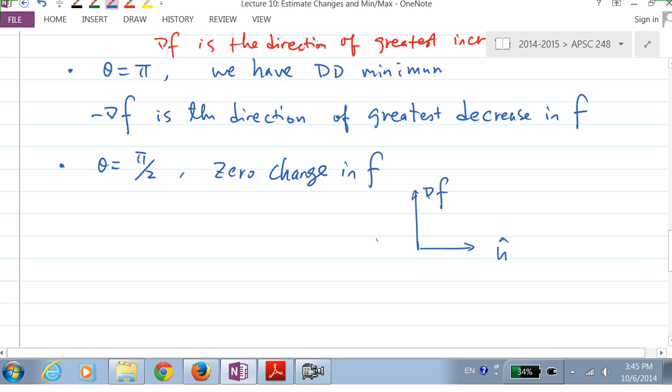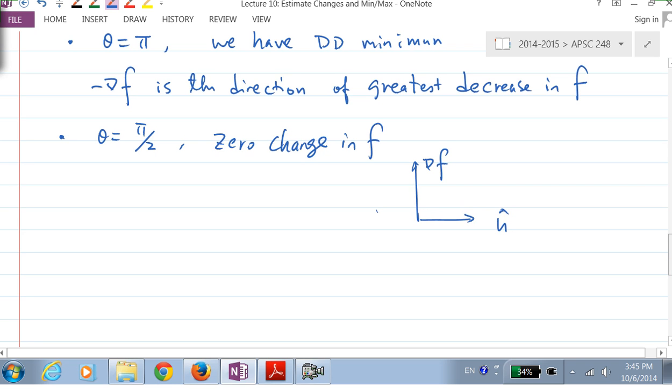So technically, if you're commanding a troop to go along a 0 change in a certain terrain, you have to take the direction that is perpendicular to that gradient vector. Okay, so remember these conclusions here. We'll do some exercise based on the 3 bullets here.